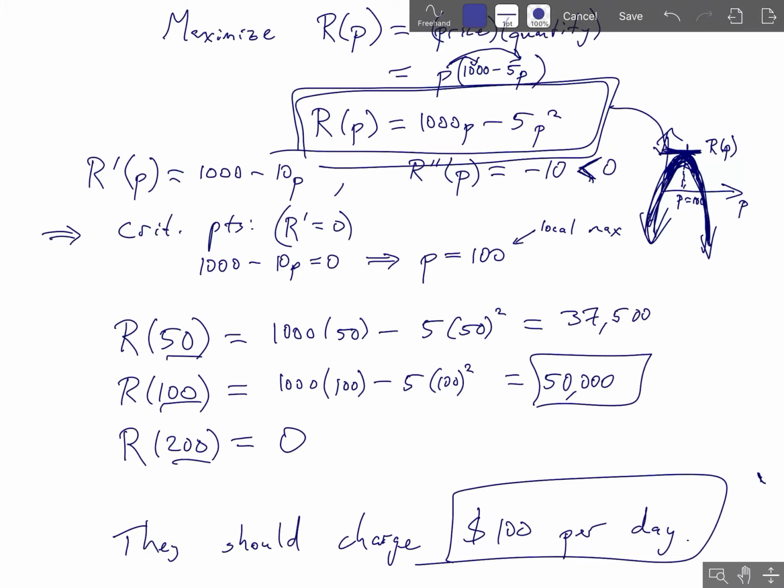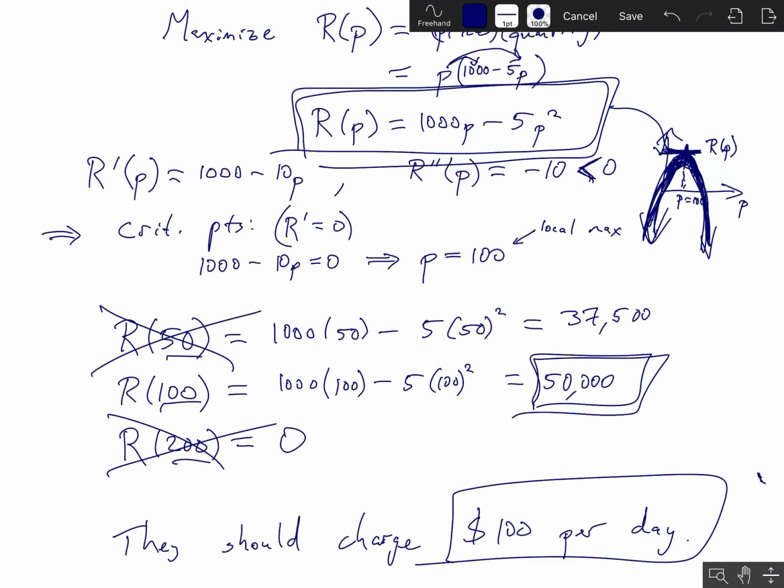So in this case, because the revenue function was a quadratic function, we know that the maximum will actually occur at the critical point, just because we know what the graph of a quadratic function looks like. So it would be okay in this particular problem to skip over these extraneous boundary steps, and know that the critical point is going to be the one that gives us the maximal revenue.